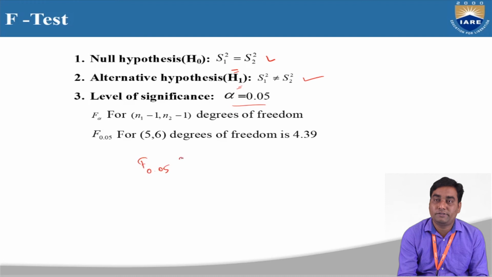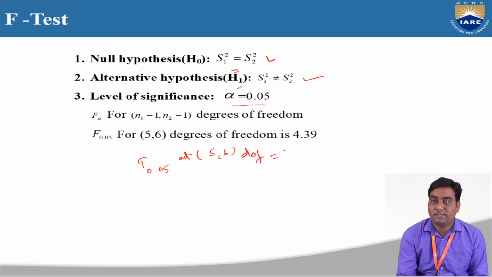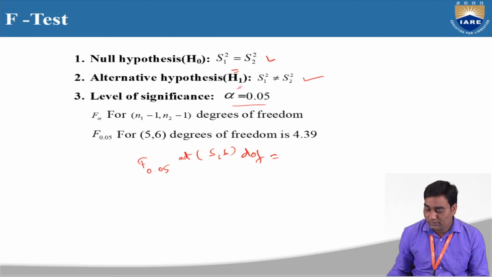Alpha is 0.05 at n1 minus 1 and n2 minus 1 degrees of freedom, where n1 equals 6, so n1 minus 1 is 5, and n2 equals 7, so n2 minus 1 is 6 degrees of freedom. This value we have to choose from the F distribution table.